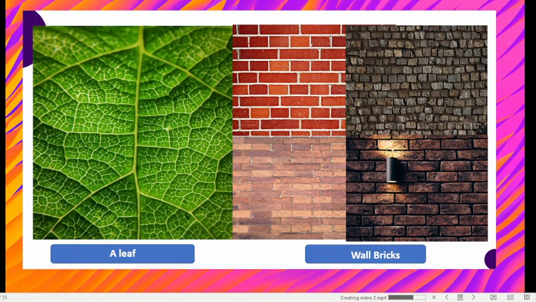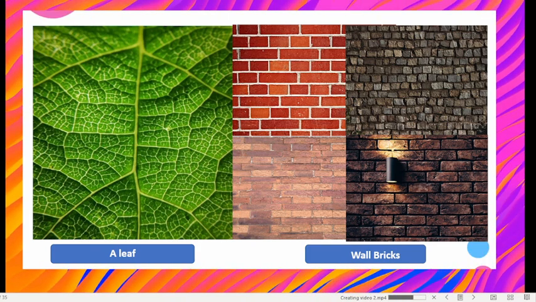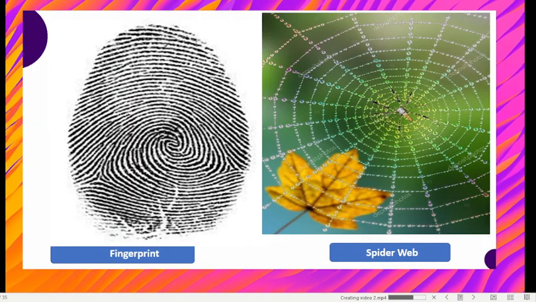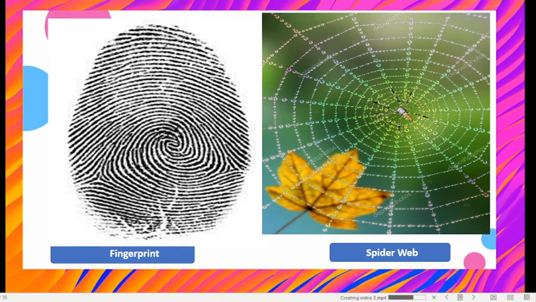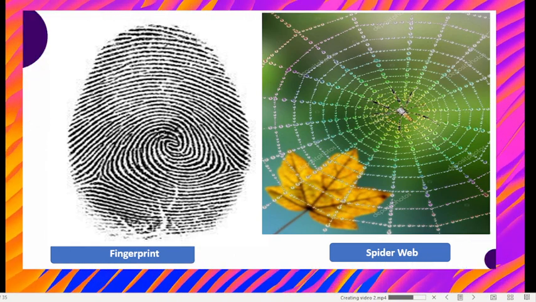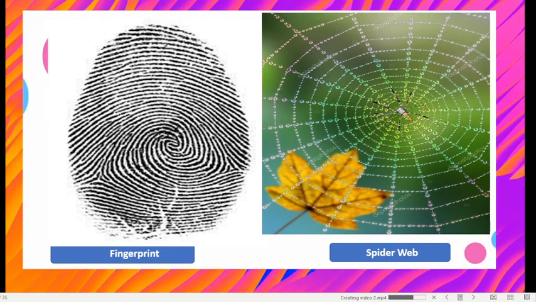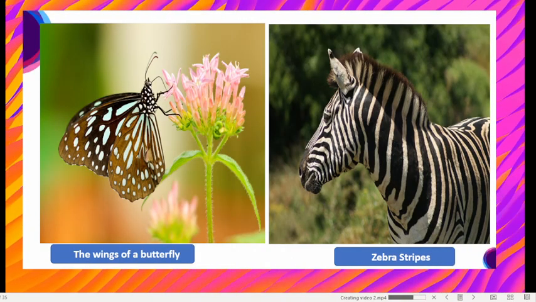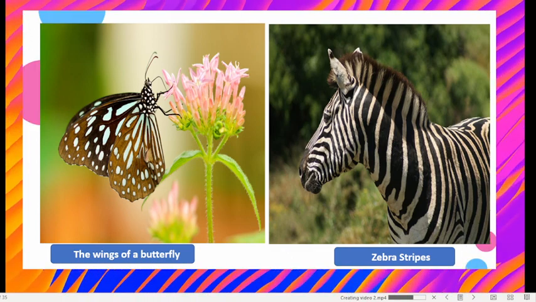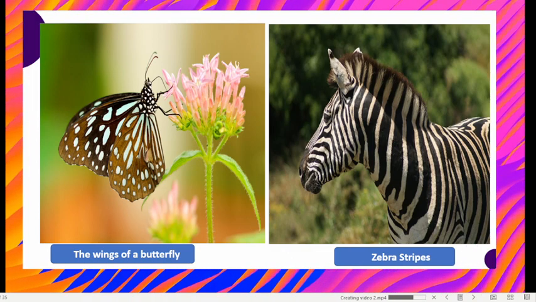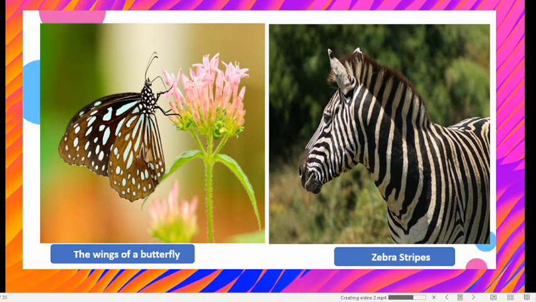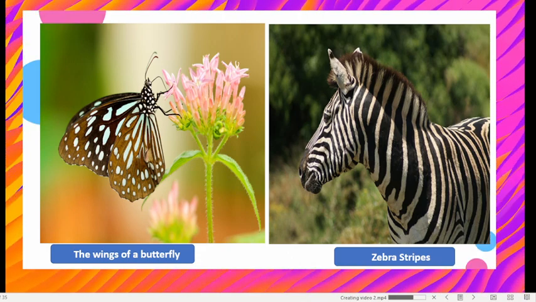And the designs in the brick walls. The uniqueness of our fingerprint and the spider web with rusty leaves. The butterfly collection, collected pollen on the flower heads, and zebra stripes.